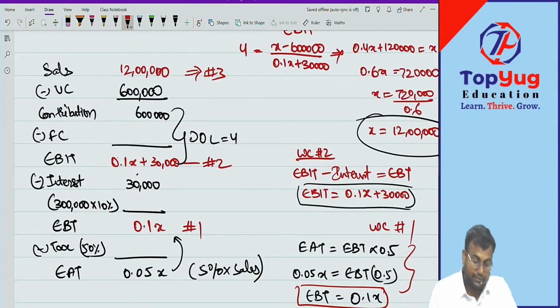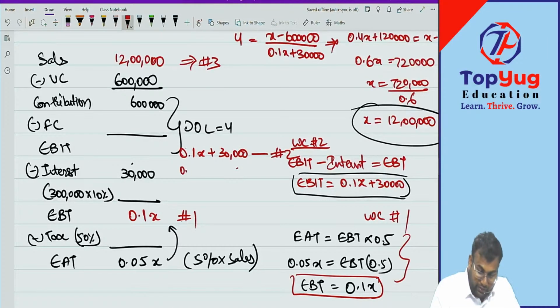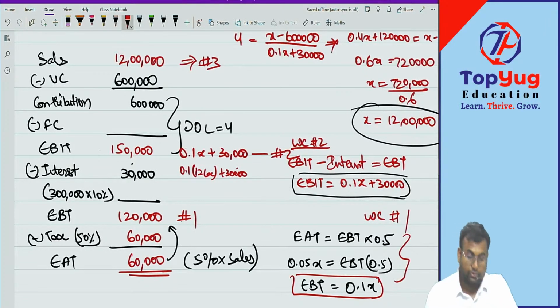I'm not erasing this equation because this is an important equation. 0.1 into 12 lakhs plus 30,000. So that is 1.2 lakhs plus 30,000, that is 1,50,000. And obviously this will become 1,20,000 and on that 60,000 tax, and I am able to verify my answer: 60,000, and 5% of 12 lakhs is also 60,000. So all my calculations are right.